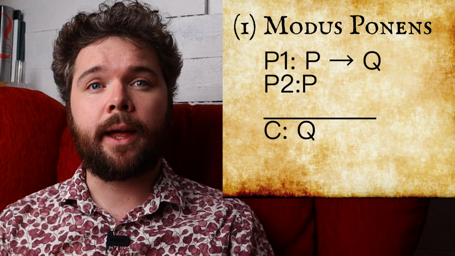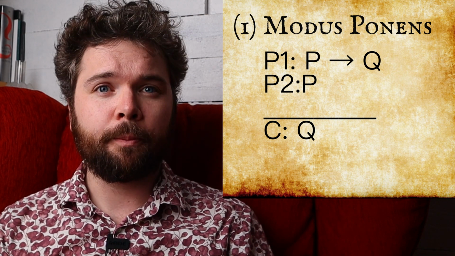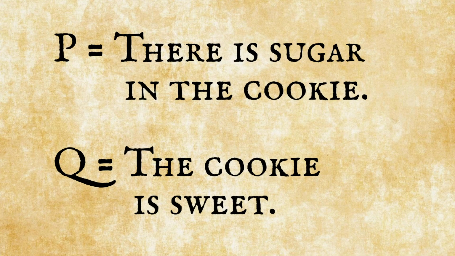This is the structure of a Modus Ponens argument. If P, then Q. P, therefore Q. But as always, let's make it a bit more concrete. Let's say that P means there is sugar in the cookie, and Q means that the cookie is sweet.